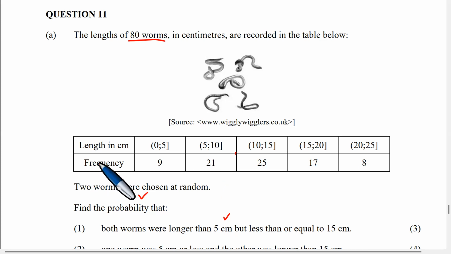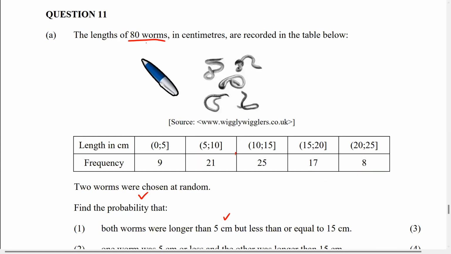This is not cumulative, it's just frequency. Between 10 and 15, you have 25. Between 15 and 20, somebody was measuring the length of each worm, and this worm is a bit longer. How many of those? There are about 17 of those, and so on and so forth.